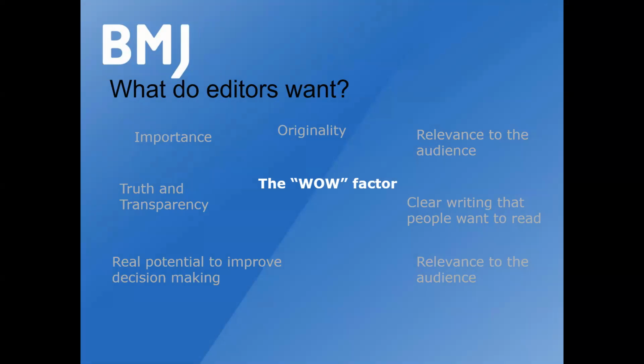So do think about how your work might be relevant to doctors and nurses and pharmacists or allied healthcare professionals. Of course, they want original work as well. Ideally, editors also want the wow factor, but the wow factor is really quite rare and only comes along every now and then. So I wouldn't worry too much about that.